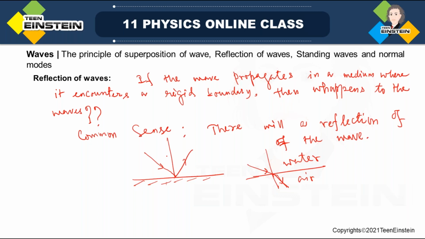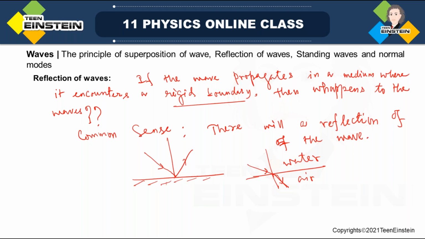Since light is an electromagnetic wave, things will be a little different from other waves, which are elastic waves. But the thing is that there can be two types of boundary.